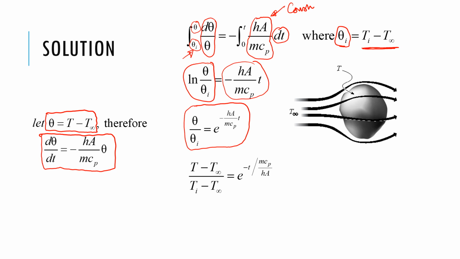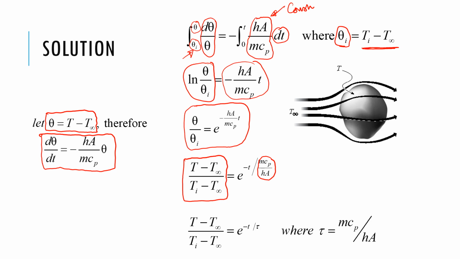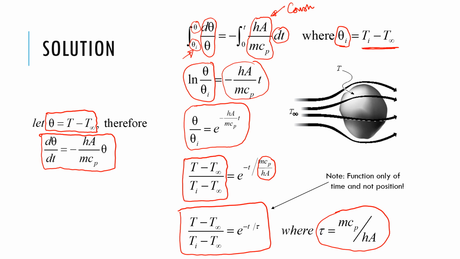So first I substitute for theta, so we have T minus T infinity over Ti minus T infinity, and e raised to minus t over mcp over hA. Now we can think of this mcp over hA as one quantity, and it actually has a physical interpretation. It is kind of the time constant, and it will be clear in the next slide. But for now, our solution is this one, temperature as a function of time.